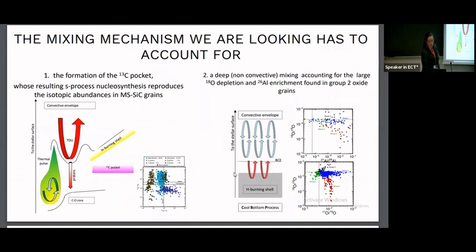When we talk about cool bottom process, we are thinking about some conveyor belt mixing model that from the stellar envelope goes down into the inner stellar layers and back up again. In doing that, the transported materials are cooked because they go from a relatively cold place to a hot place and then back.